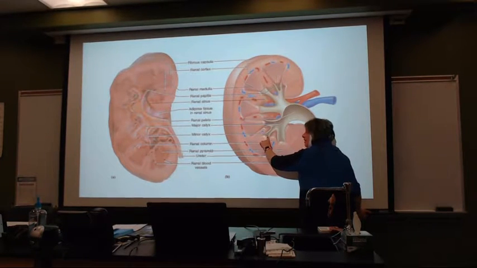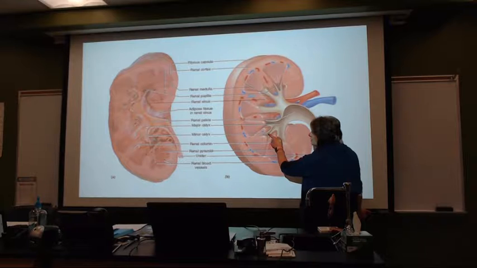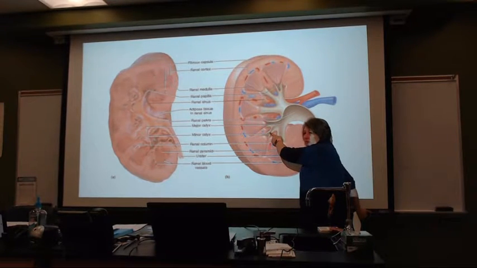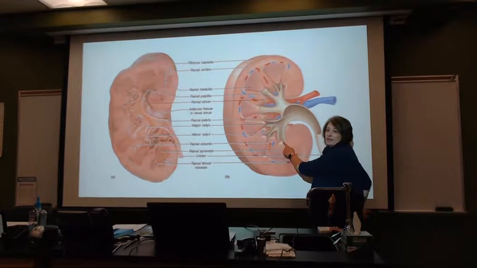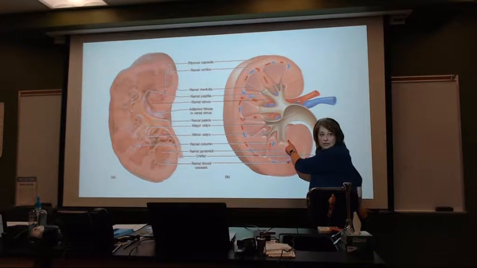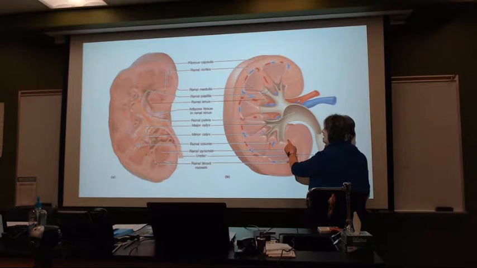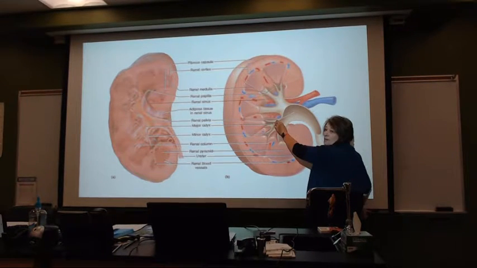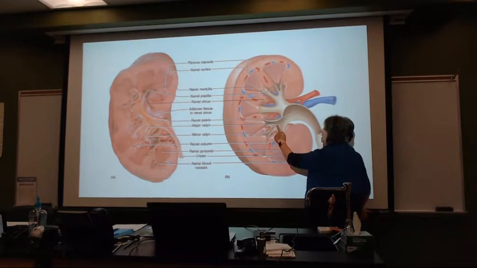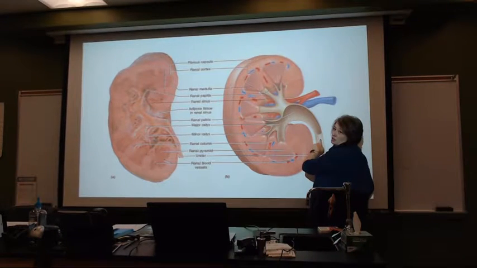The first thing that has to happen, they have to go into minor calyces. Is everybody kind of following me? Like right there at the tip of the papilla? And then do you see how this one is the major? It's the big one, which will lead to the ureter.